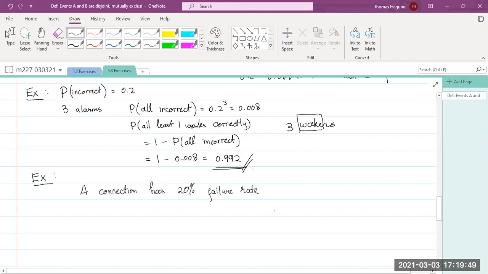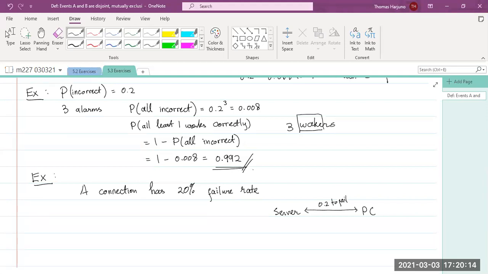So let's say from the server to a PC, this connection here has probability of 0.2 to fail. Like it just doesn't work for a reason we don't know. Maybe the router is a bad router. It works only 80% of the time.